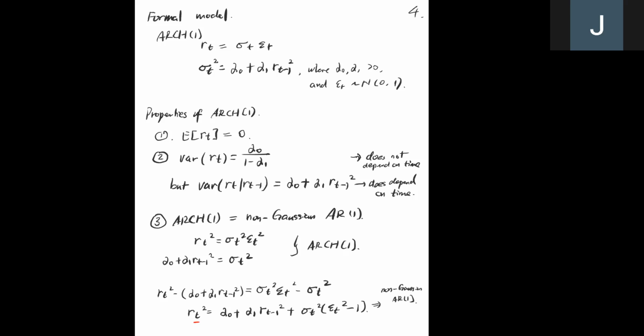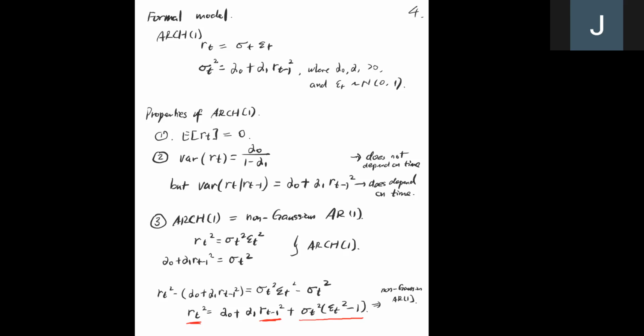Why is this an AR(1) model? The R_t squared is on this side, and the R_{t-1} squared is on the right-hand side. So if you call R_t squared X_t, then this is exactly X_t equals alpha_0 plus alpha_1 X_{t-1}, and this is your error part. Unfortunately, this is not a white noise error part.